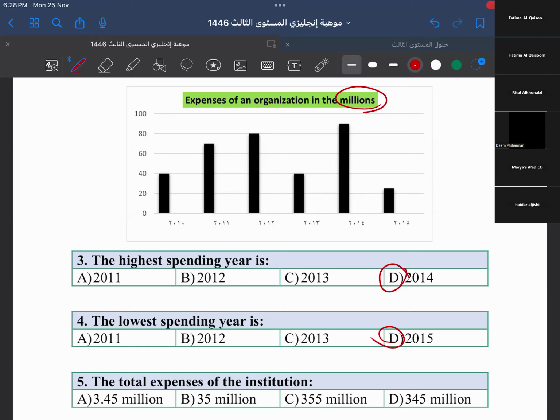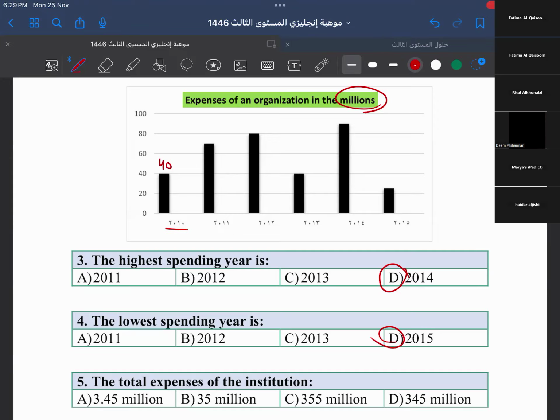Okay, so simply, since they are asking for the total, I'm going to see each year, and I'm going to add the expenses of each year together, and I'm going to have the total. So here in 2010, it was what? 40 million. 40.